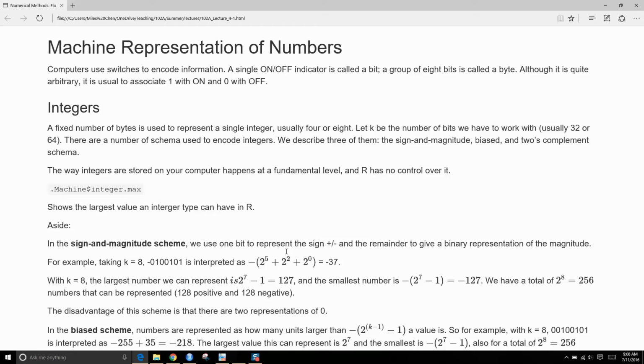But it's important to note that we are accustomed to using numbers in the decimal system, so everything's base 10. When you go one spot behind the decimal point, it's the tenths place, and then another spot is the hundredths place, and things like that. Whereas computers today generally use a binary system.